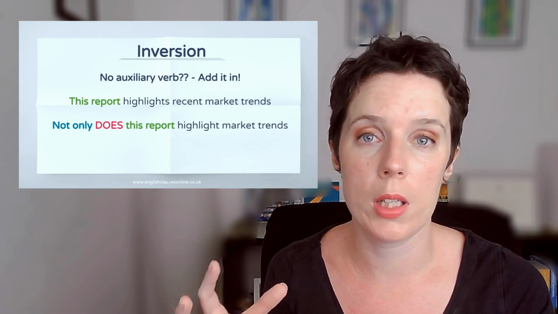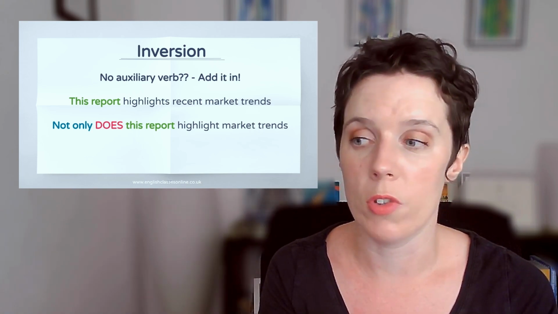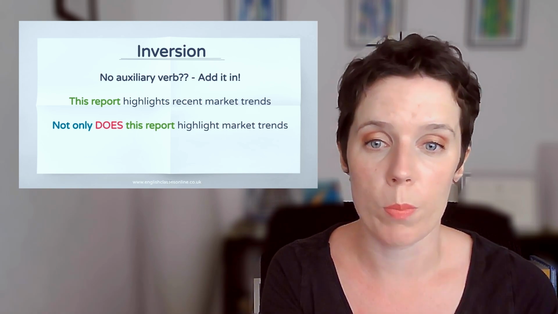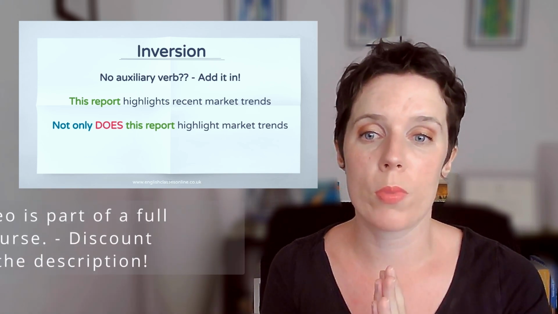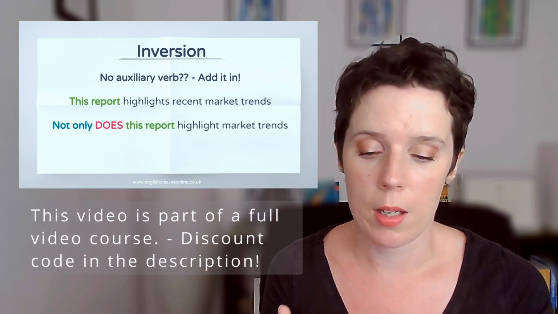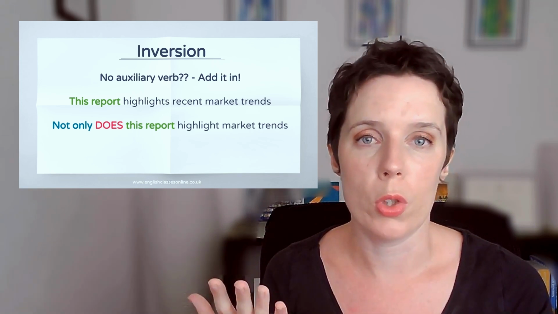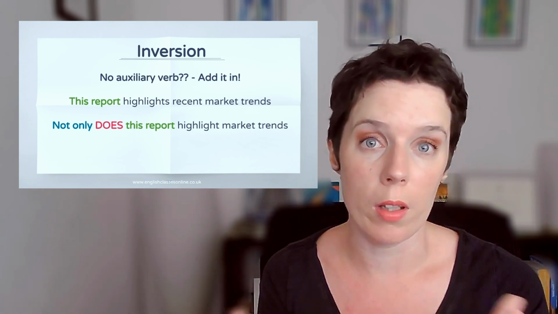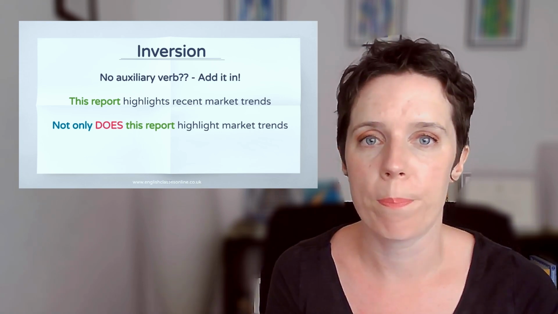So not only does, you need to add does into your inversion: not only does this report highlight market trends. Remember, auxiliary verbs can be do, be, and have. They're our main verbs. You may also use modal verbs like will, for example, or can. They also work in an inversion as well.